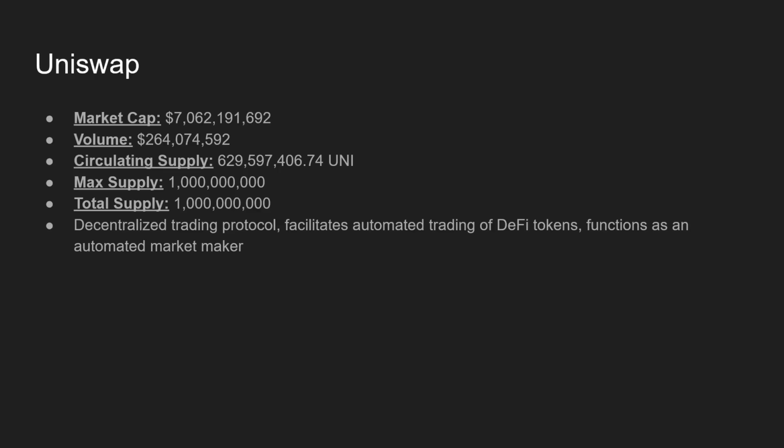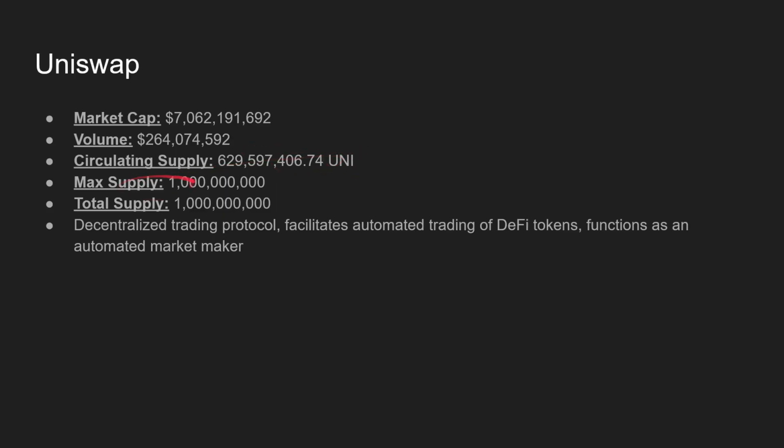Let's compare that to Uniswap. So Uniswap is a decentralized trading protocol. Its market cap is about $7 billion. It sees about $264 million in trading volume. The circulating supply of Uniswap is about 629.5 million Uniswap tokens.